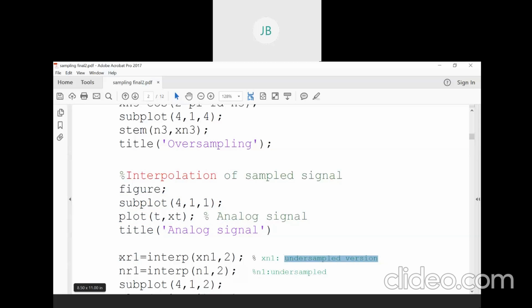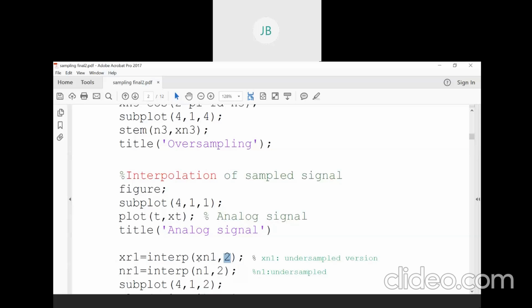We will define a variable here, xr1, that is nothing but interp of xn1 comma 2. We have already seen the meaning of interpolation. What happens when you write interp xn1 comma 2? This number 2 represents how many times you want to increase the number of samples, right?